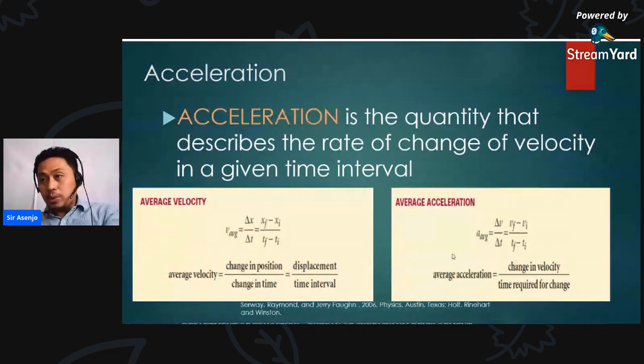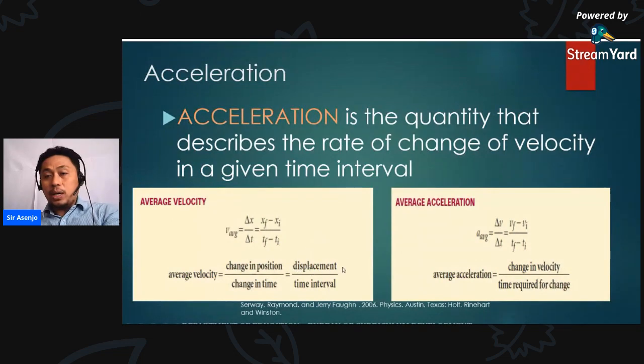So in words, average acceleration is equal to change in velocity divided by the time required for the change. That is the difference between average velocity and average acceleration.